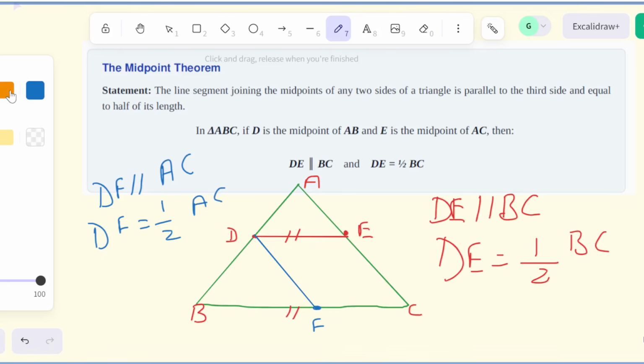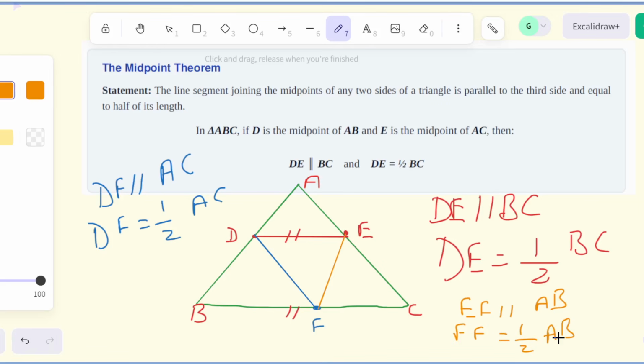If I join F and E, then from the midpoint theorem we can conclude that EF will be parallel to the third side AB, and it will be exactly half of it.